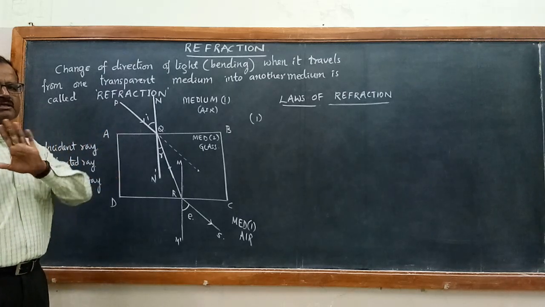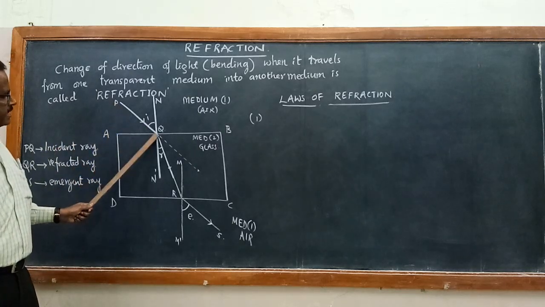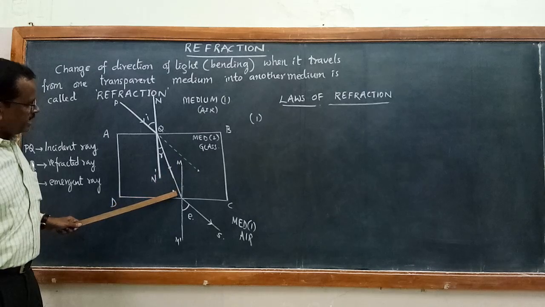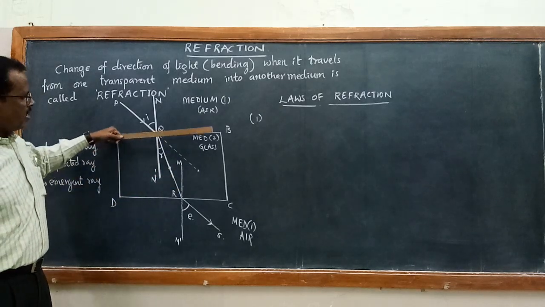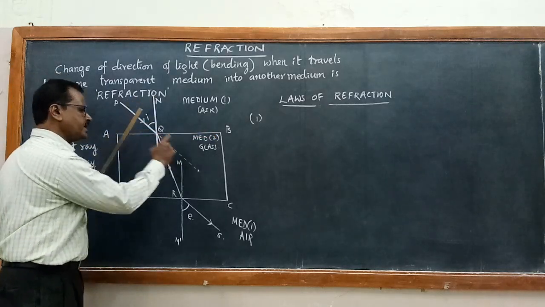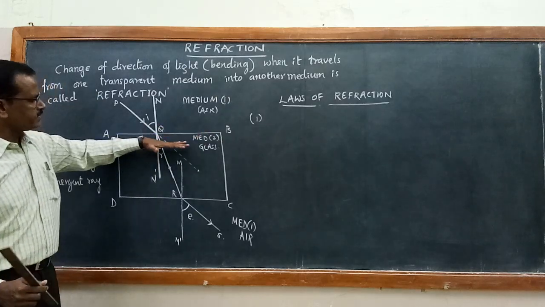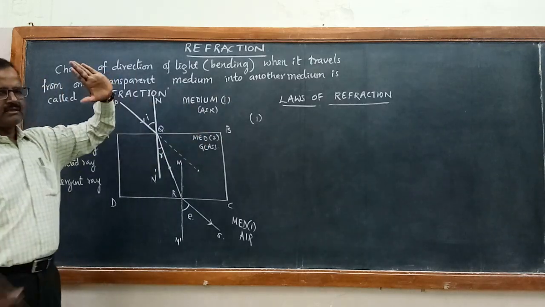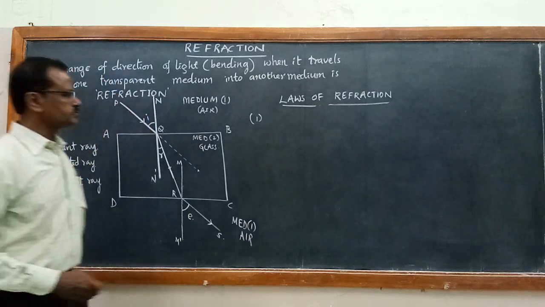They all lie on the same plane. Look at this once again. This is AB. AB is the interface which separates glass medium from the air. All these lie in a single plane.